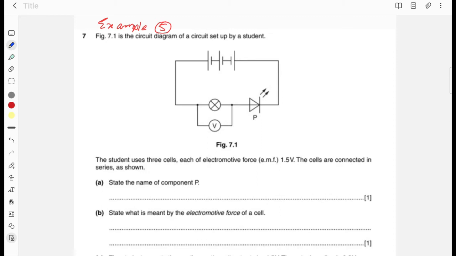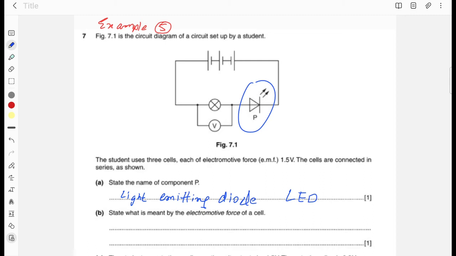State the name of the component P. Now component P is a light emitting diode. We have already seen this in the notes, and you can write LED.